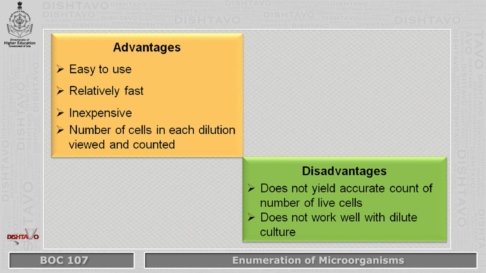The advantages of the microscopic method are that it is easy to use, relatively fast, inexpensive, and the number of cells in each dilution can be viewed and counted.